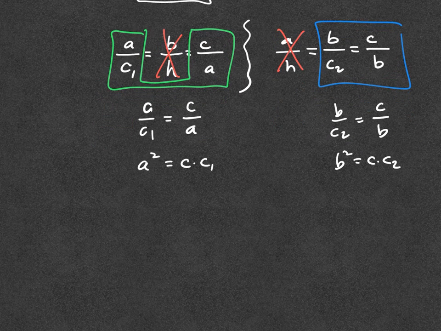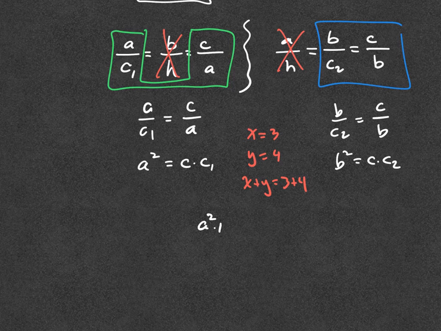Just a side note, if x equals 3 and y equals 4, then wouldn't x plus y equal 3 plus 4? Yes. So if a squared equals c times c1 and b squared equals c times c2, then a squared plus b squared should equal c times c1 plus c times c2.